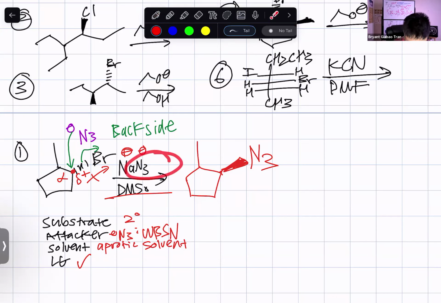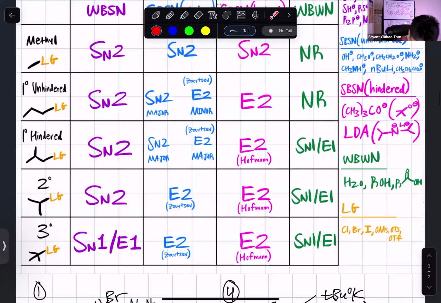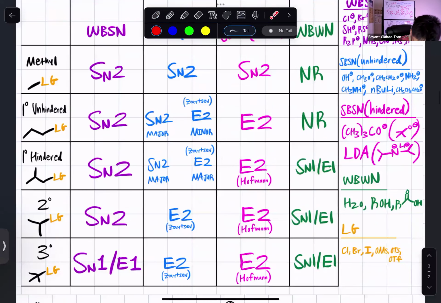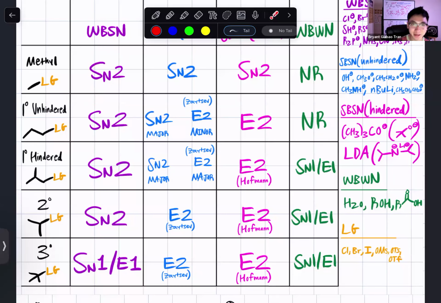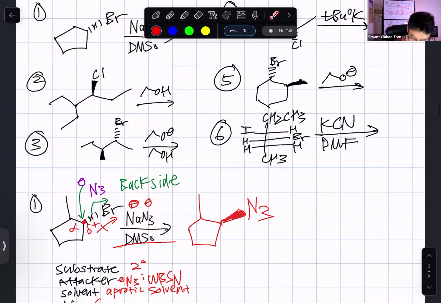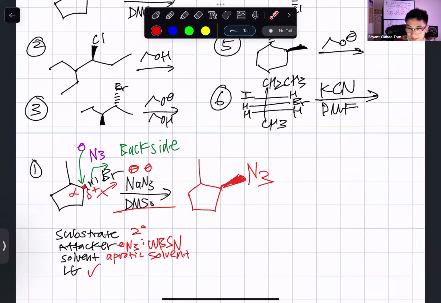Weak base, weak nucleophile. And let's look at the substrate here. Notice how in the substrate, it worked for methyl, primary unhindered, primary hindered, and secondary substrates. Do you guys know the reason why SN2 reactions prefer less substituted substrates? Like, what's the mechanistic reason behind why SN2 reactions prefer less substituted substrates? Steric hindrance, more space, right?